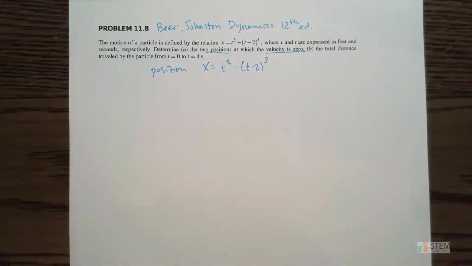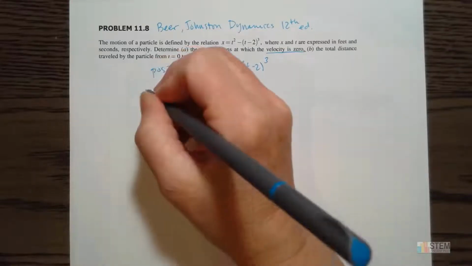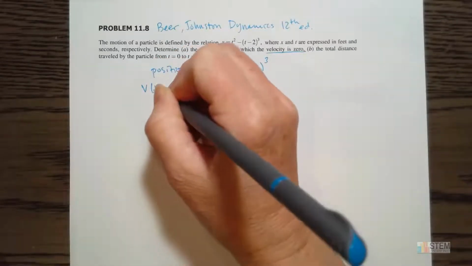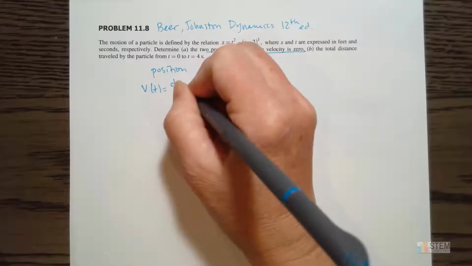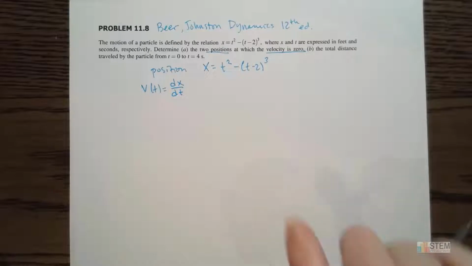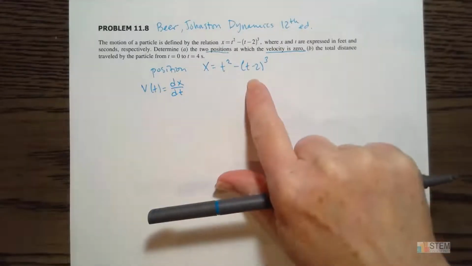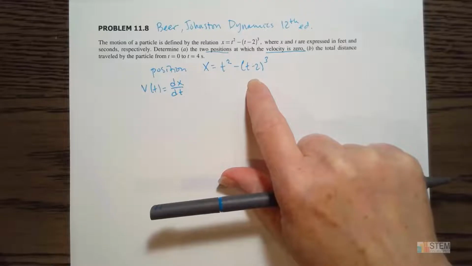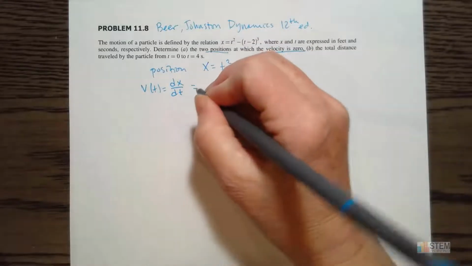Obviously I can't figure out where velocity is 0 from this, so first we need to find velocity. We need an expression for velocity, and we can find that because we know that the velocity is the time derivative of x, so it's dx/dt. So I need to take the derivative of this equation with respect to t. Right, so let's do that.